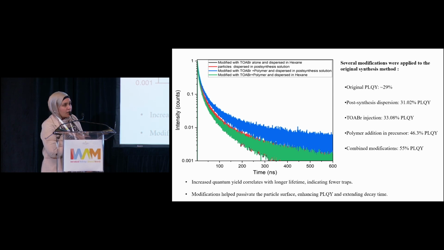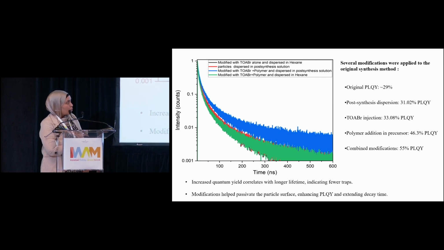When we added the post-synthesis processing, quantum yield increased to 31%. Another kind of modification is the introduction of tin bromide, injected during the synthesis, and by this modification we increased the quantum yield to 33%. Third kind of modification was just mixing of a polymer inside the precursor solution, and the quantum yield increased to 46%. After we combined all the modifications, the final quantum yield increased to 55%.